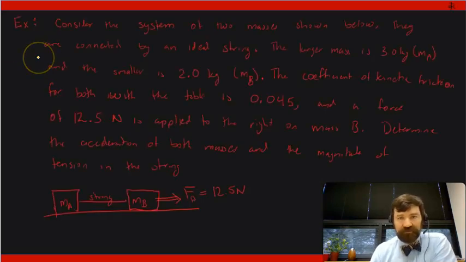So your acceleration, coming back over here and looking at the numbers that we have to work with, this right here was mass A, this is mass B, this is that pull force, this is mu k.